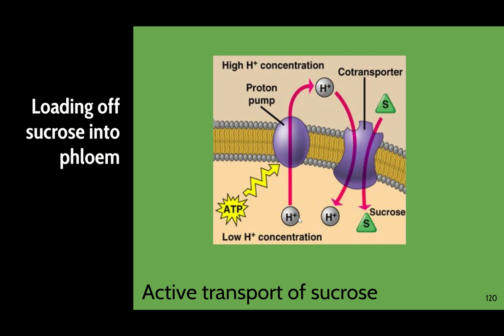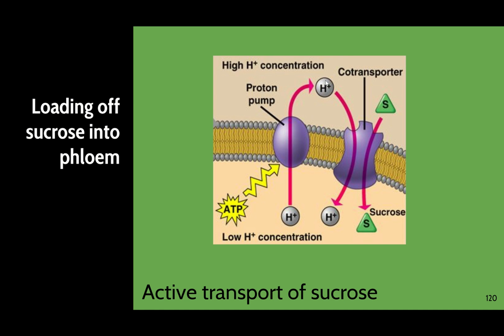Protons are going to be pumped from an area of low concentration to an area of high concentration. This requires a lot of energy, and so ATP is going to have to be inputted into this system to make this happen, to keep this high concentration of protons over here.